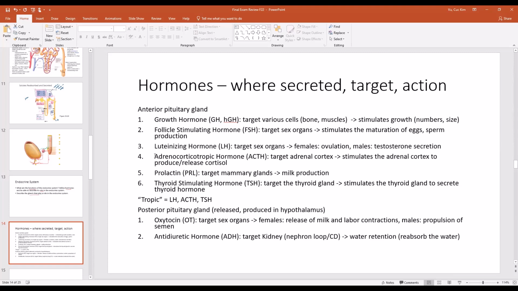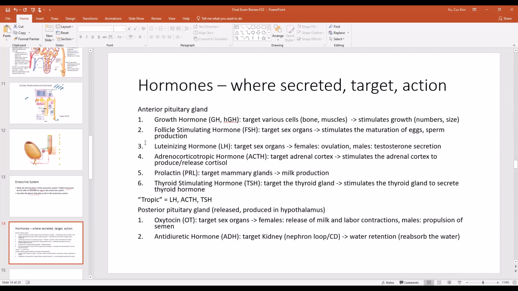I start with the anterior pituitary gland, the posterior pituitary gland. I made a note that this is where it's released but not produced. Then you would continue this list with the pancreas, the thyroid gland, and the adrenal glands, and so on, listing all the hormones that each produces.